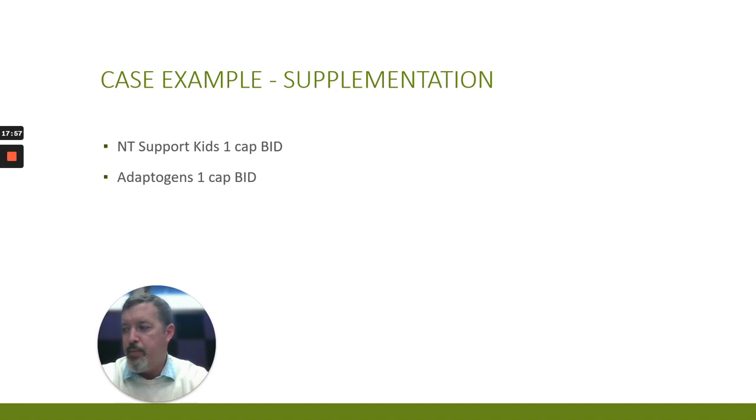Those are more for people who are 40 plus years old. So 1 cap of the NT support kids twice a day, and also the adaptogens, 1 cap twice a day, just to help promote normal adrenal conversion of the epinephrine cascade.